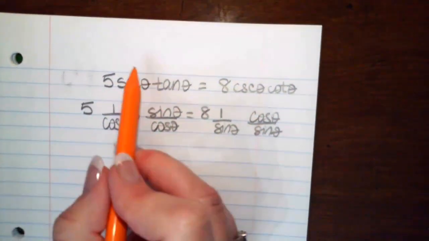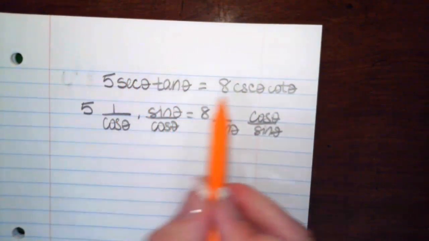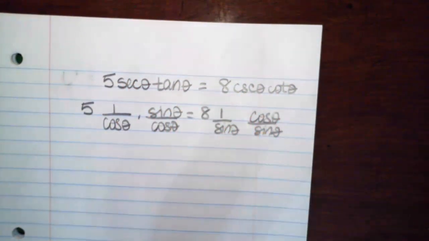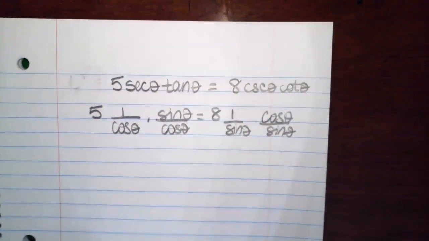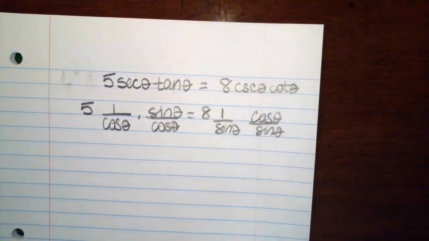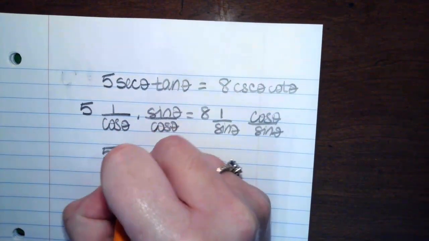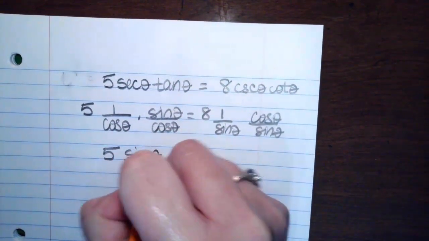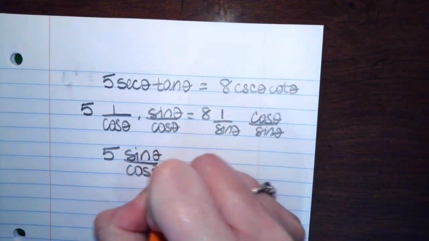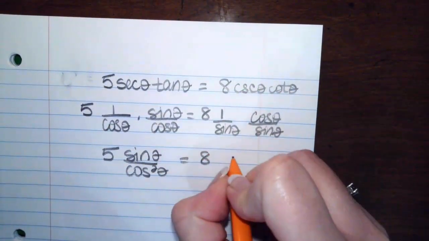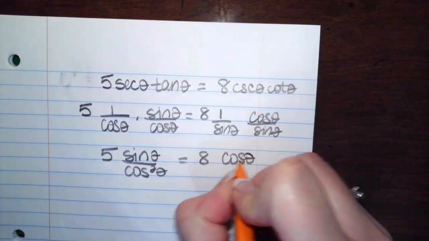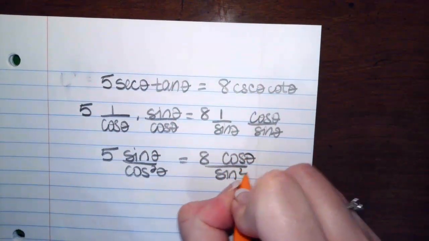So now I'm going to put this together. I've got 5 sine theta over cosine squared theta equals 8 cosine theta over sine squared theta.